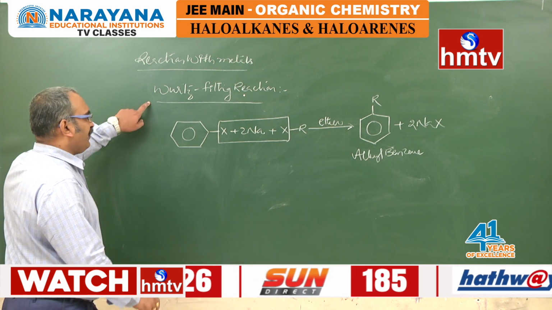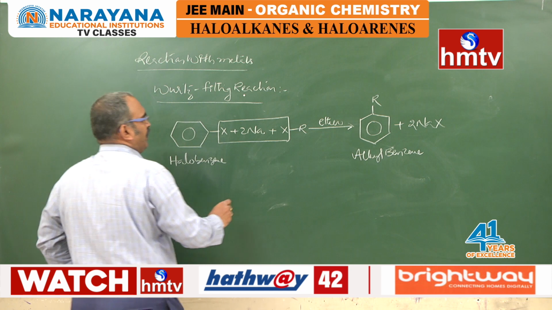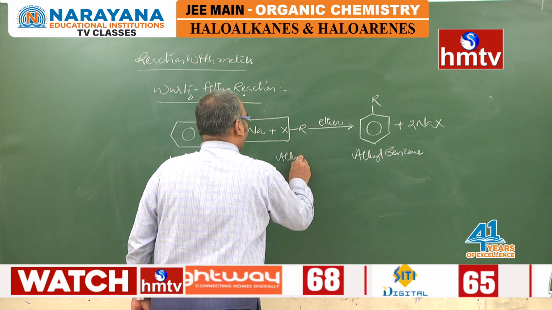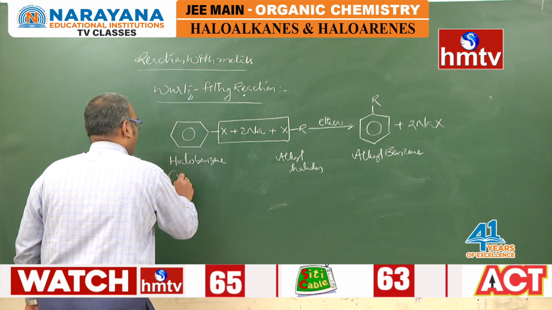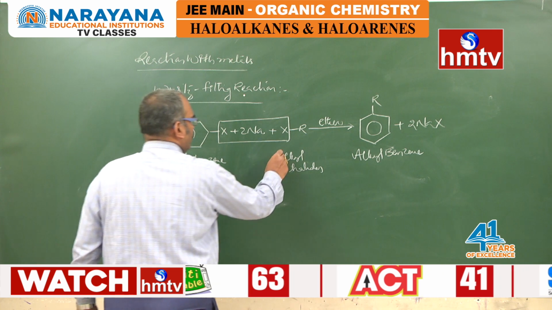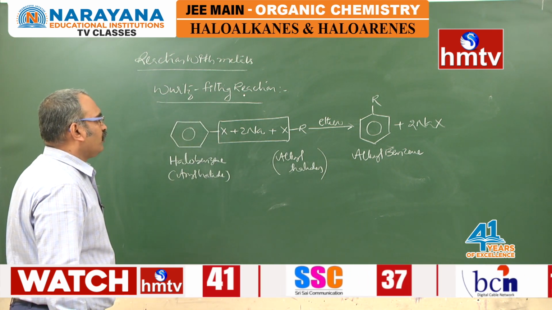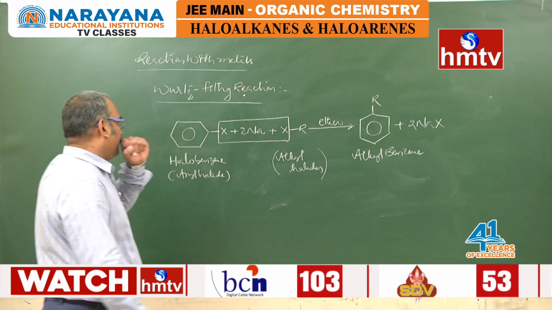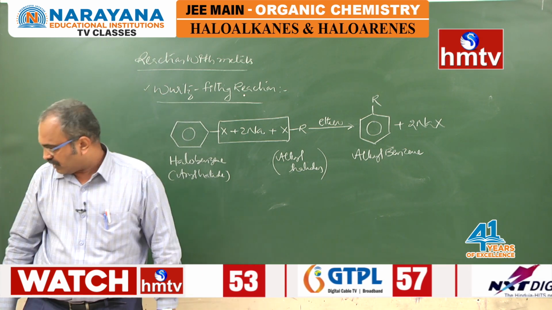This is called Wurtz-Fittig reaction, in which a mixture of aryl and alkyl halides is made to react with metallic sodium to give alkyl benzene. This is aryl halide, this is alkyl halide.